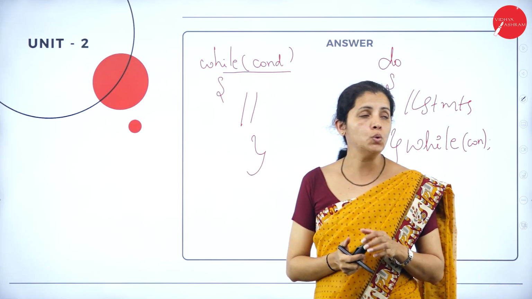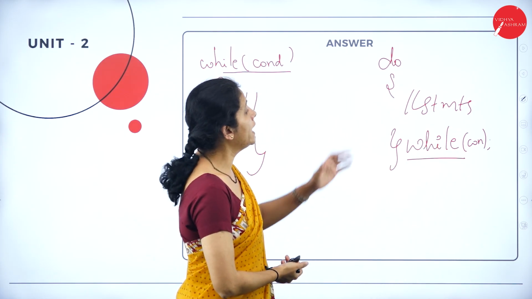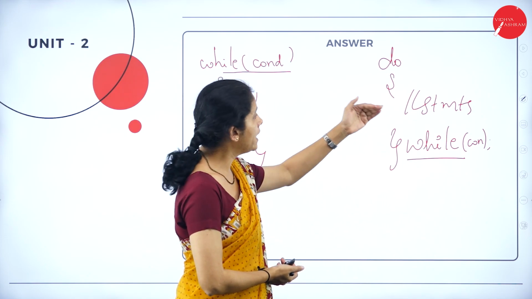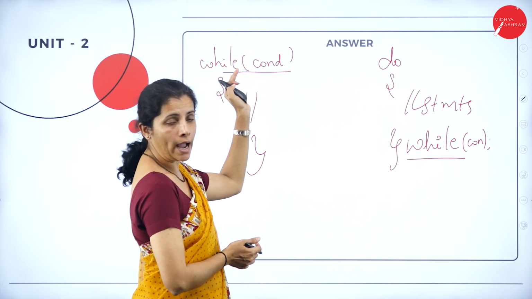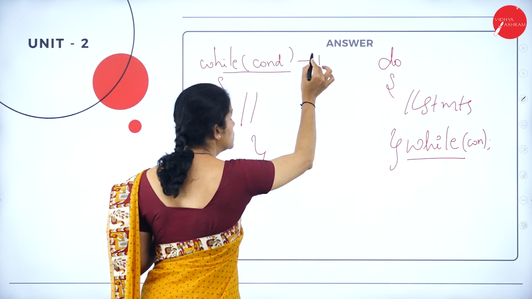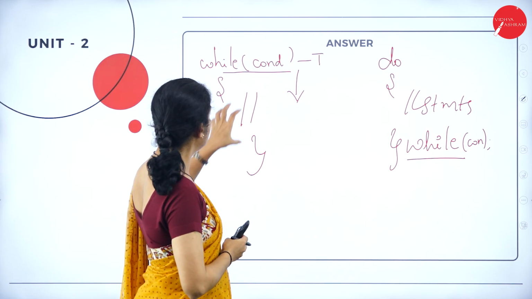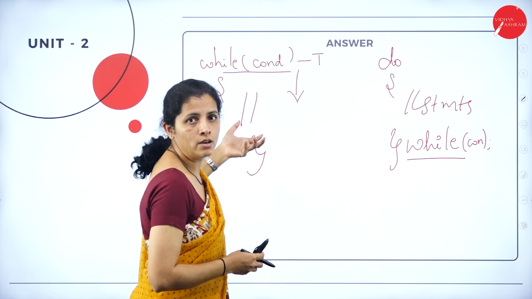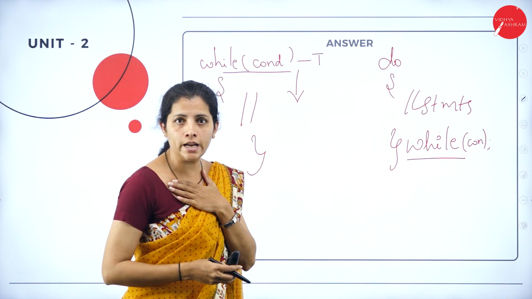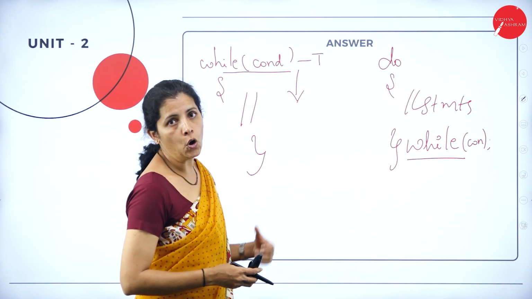And if I consider do while, I am going to check at the end, so it is called exit checking. Okay, and see here, in while, if the condition is true, then only I am able to enter into the block. For example, if I have the hall ticket, I am able to enter into the examination hall.